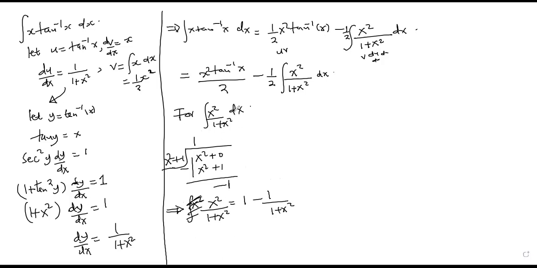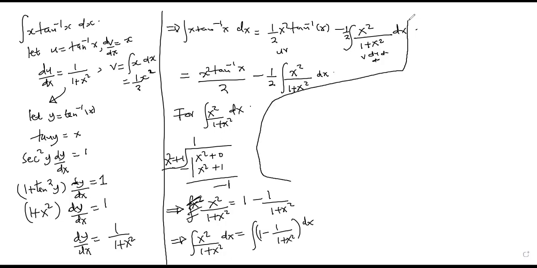So now it means that our integral of x squared over 1 plus x squared dx is the same as the integral of 1 minus 1 over 1 plus x squared, all right, then dx. So the whole thing now is going to become, let me draw my pages like this.